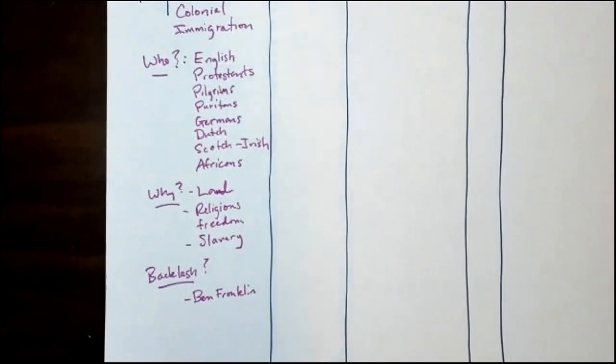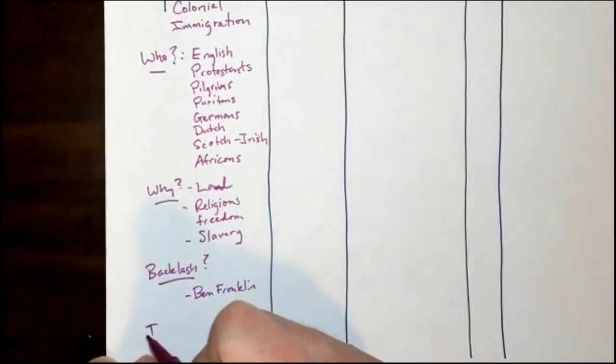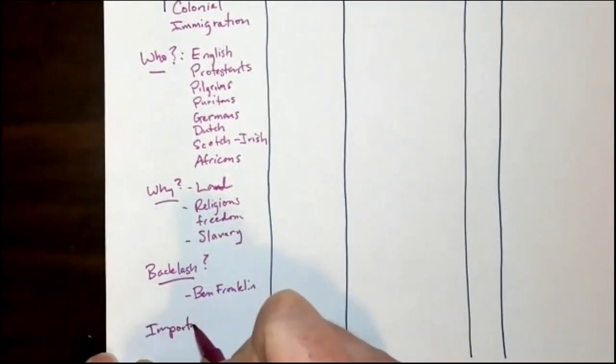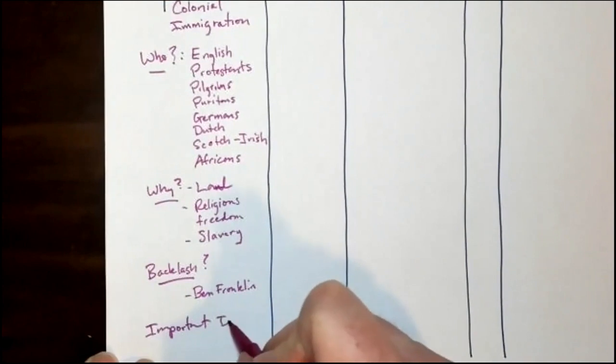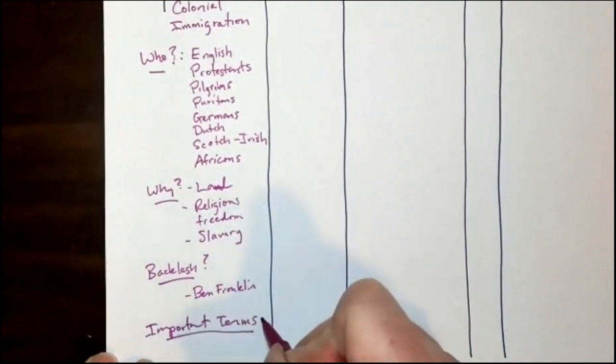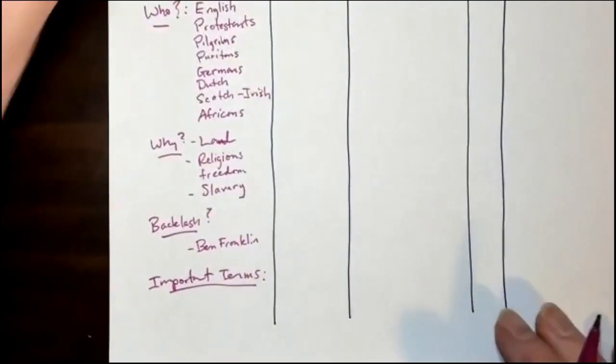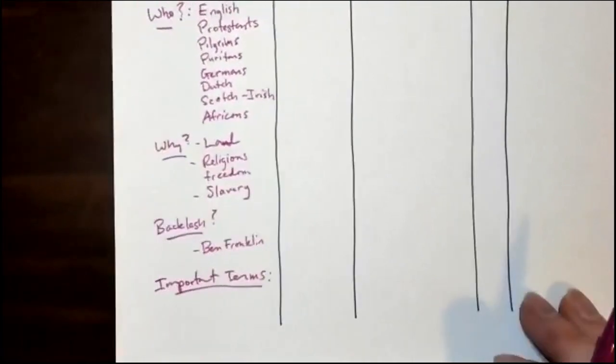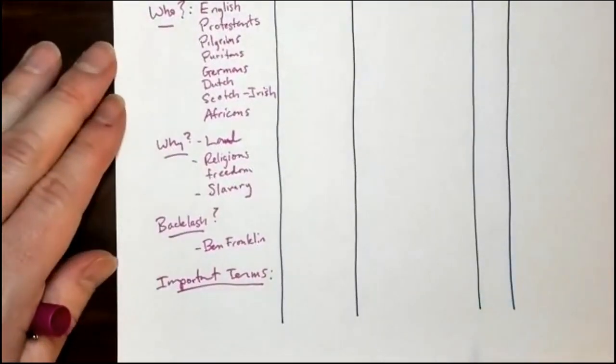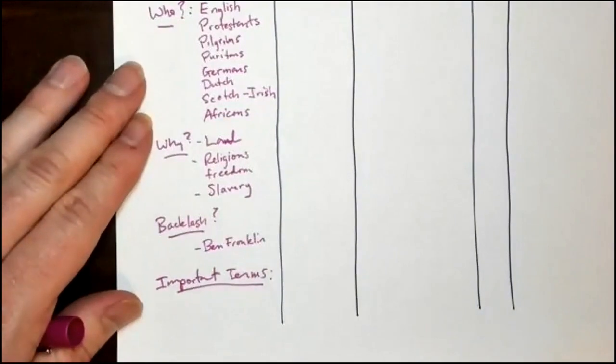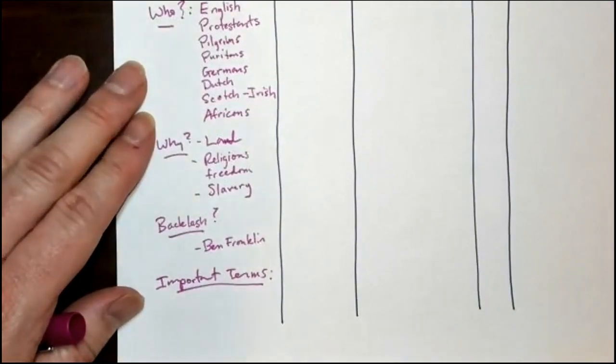Now, there are some important terms that we should note that deal with immigration during this time period. What are some things that we should be aware of? Let's start with the English and the Pilgrims and Puritans that were coming over.